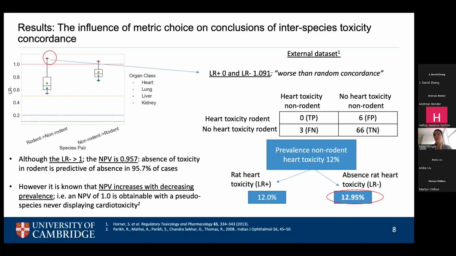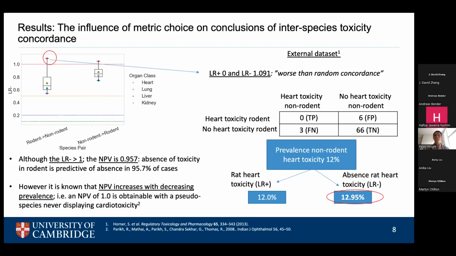However, if one used a widely used statistical metric, the predictive values, and in this case, the negative predictive value, we'd obtain a result of 0.957, which essentially indicates that the absence of heart toxicity in rodent is predictive of the absence of heart toxicity in non-rodent in 95.7% of cases.